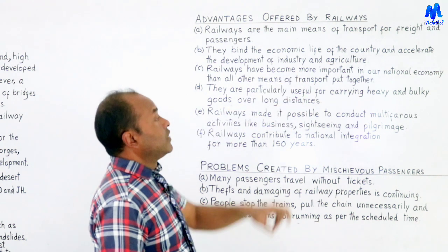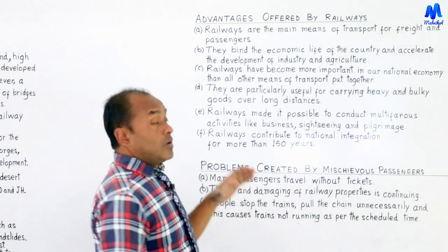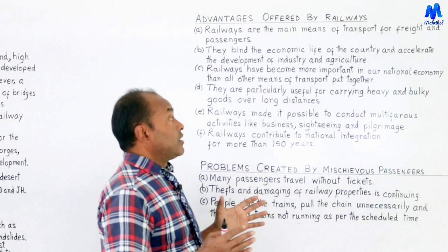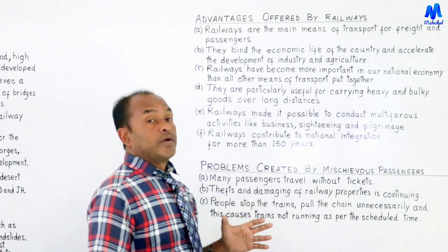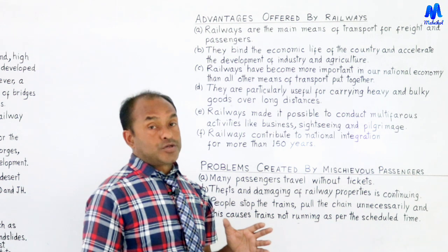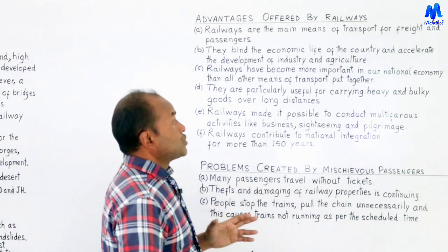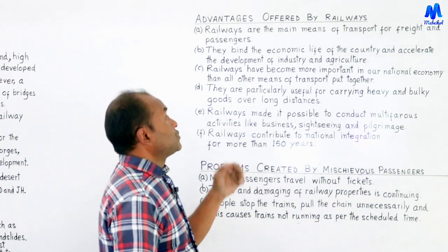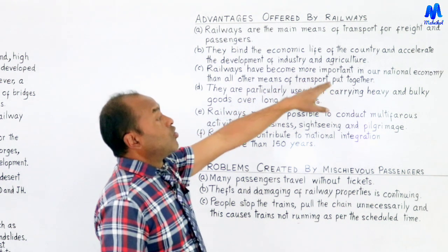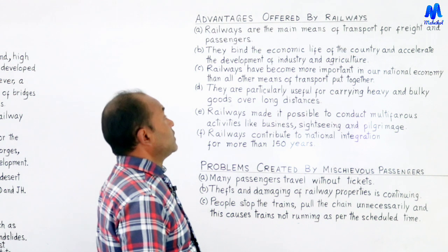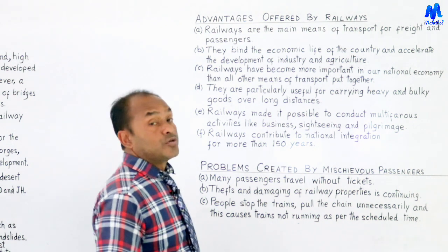There we have known that when putting all means of transport together, railways contribute more than 50% of the transportation of freight and passengers. So they have become more important in our national economy than all other means of transport put together.